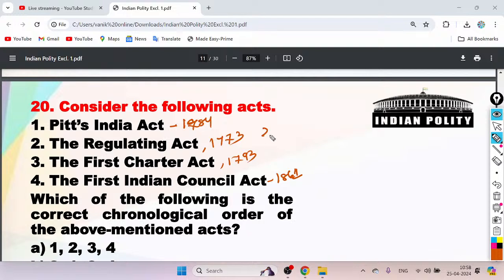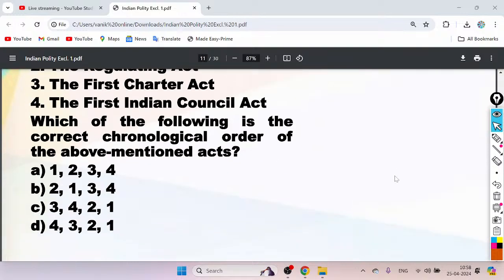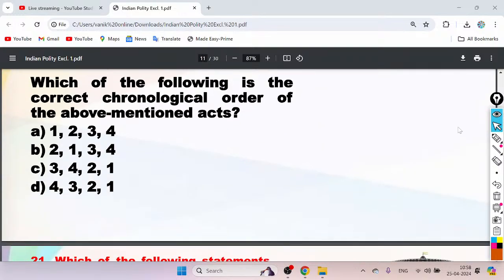So that will be 2, 1, 3, 4. Answer B. Is that clear? Answer will be B.